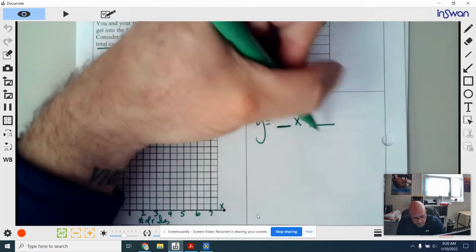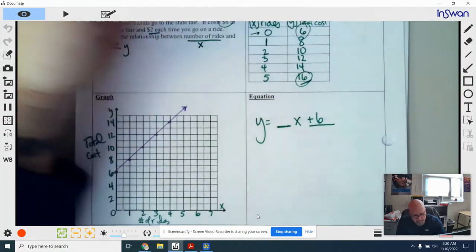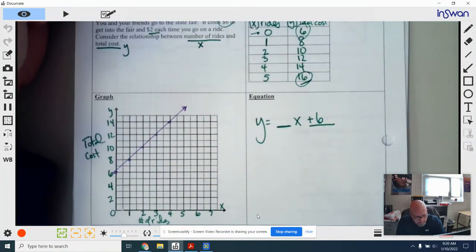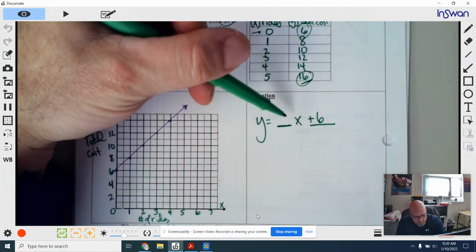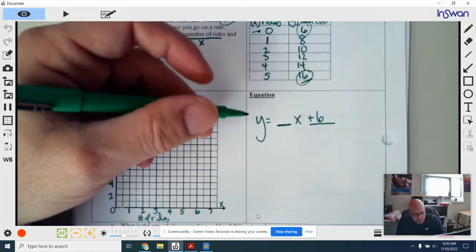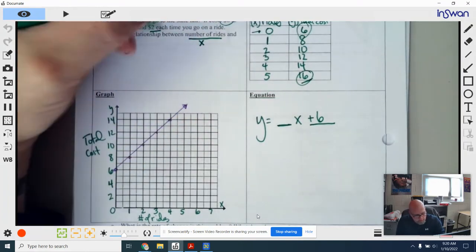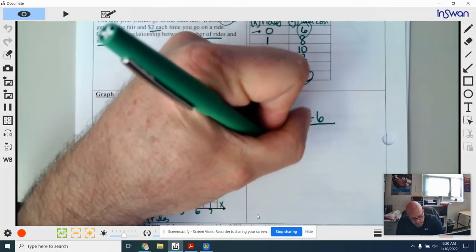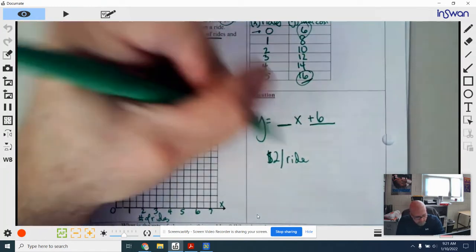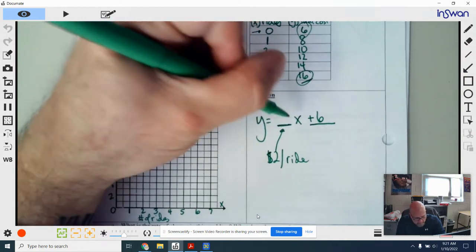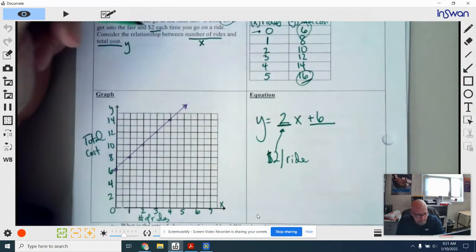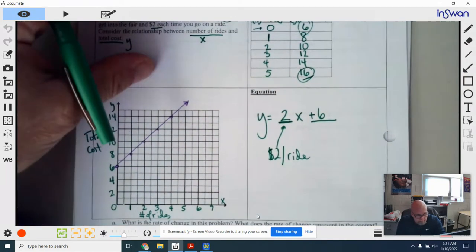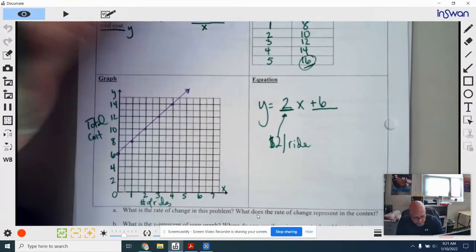So I need to put a +6 back there, which represents that $6 to get into the fare. The number in front, that's our unit rate. So the unit rate was the $2 per ride. So that's just going to be put right there in that blank, so we get 2x. So the equation for that is y equals 2x plus 6.